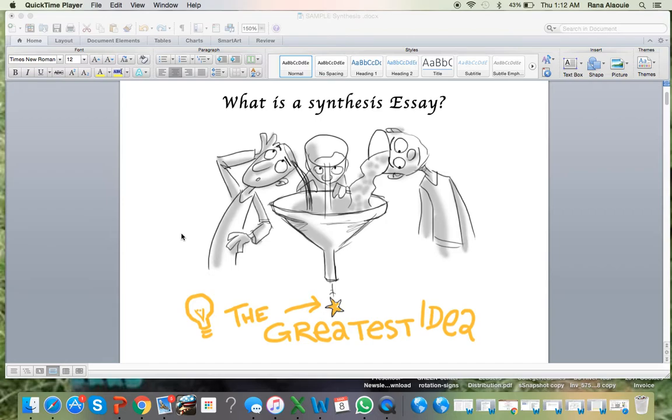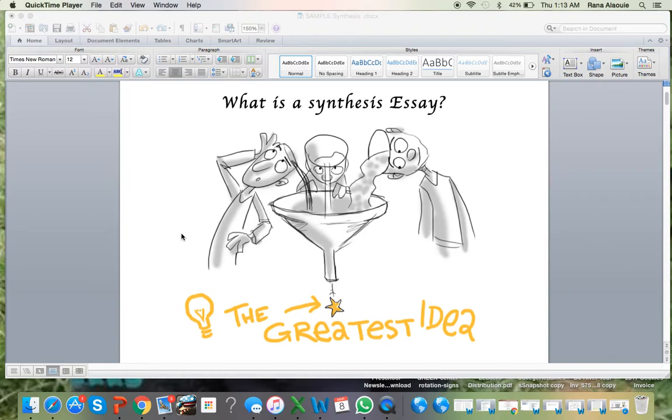Now, you either defend the claim that's stated, or you challenge it, or you qualify it. I recommend that you defend or challenge it, and you must use the recommended number of sources, which is usually 3, to support your position. You must present an argument on the topic.